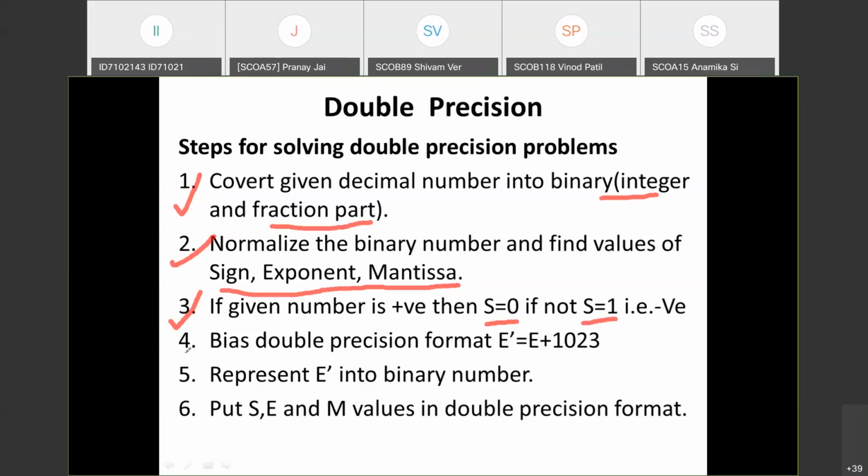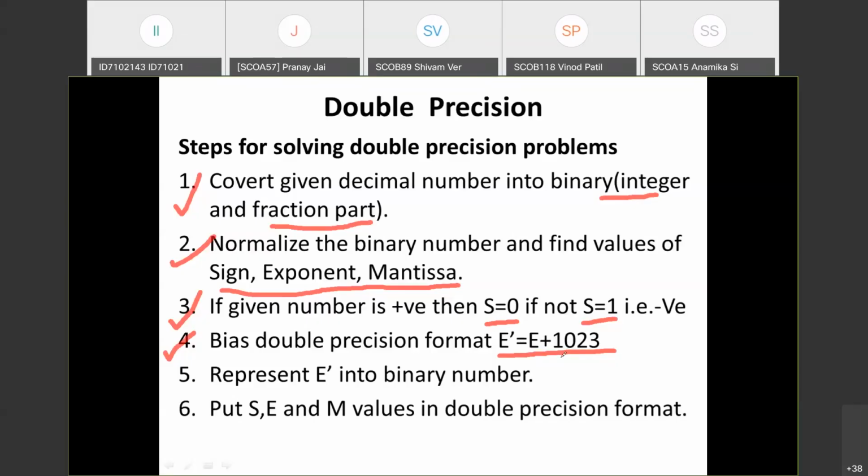Then we go to the fourth step, the biased double precision format. The formula is E dash is equal to E plus 1023. In single precision all steps are the same, the only difference is that E dash is equal to E plus 127, the excess code of 127 is taken.